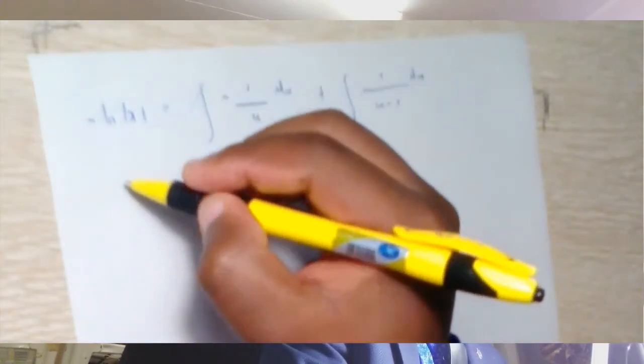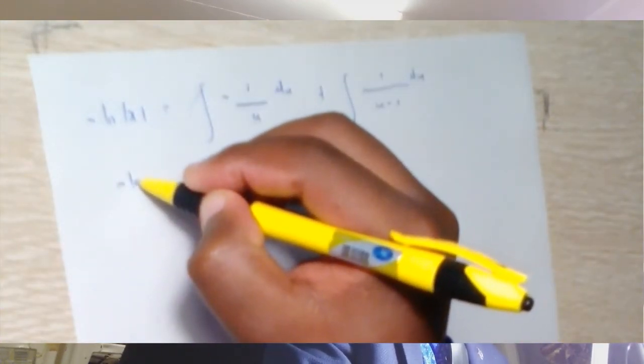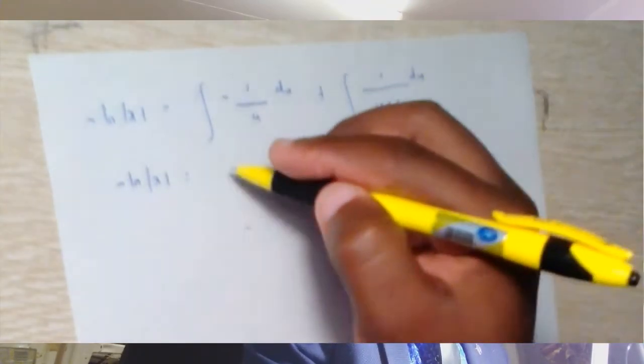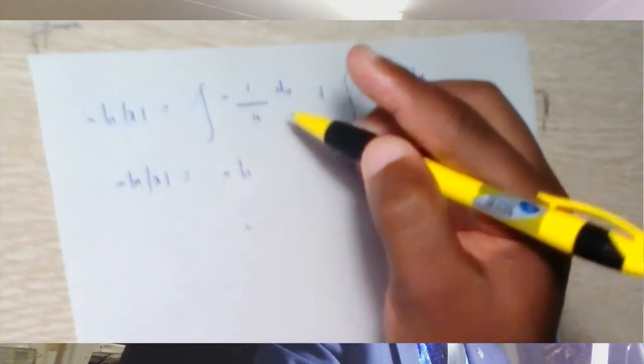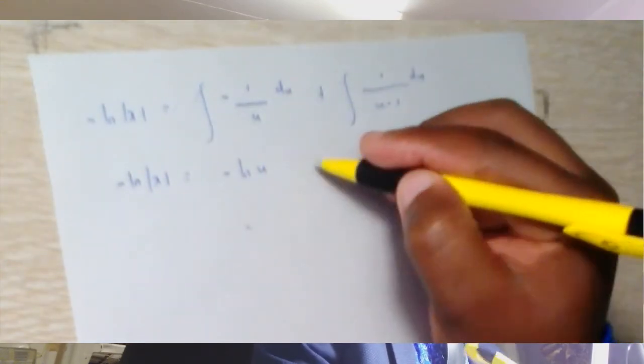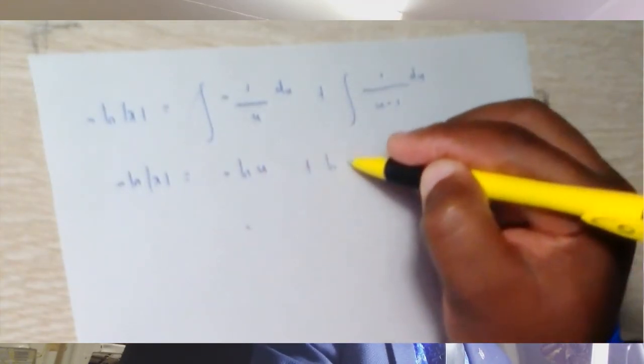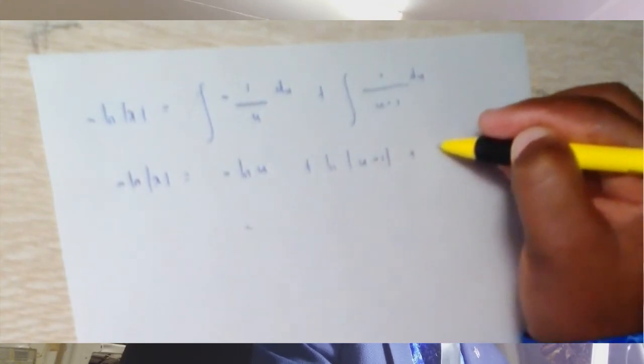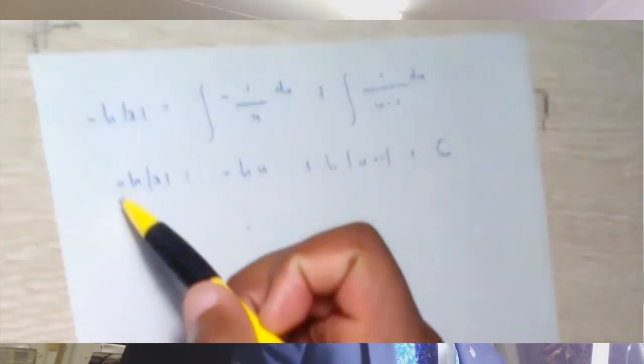And now this is simple integration, and I'll just have negative ln of x is equal to negative ln of u plus ln of u minus 1 plus a constant c.